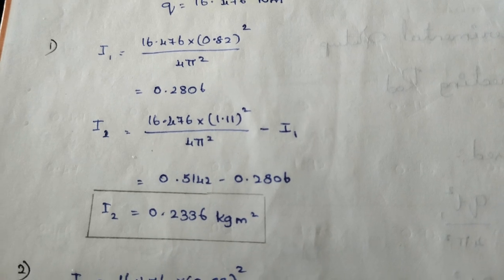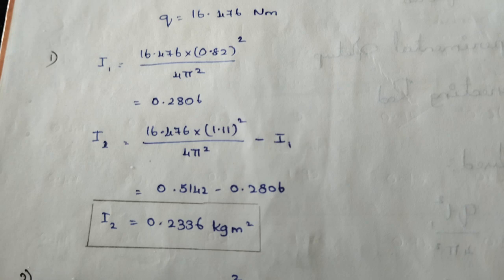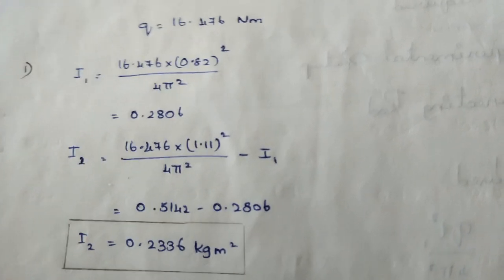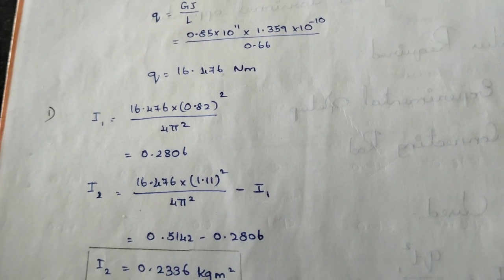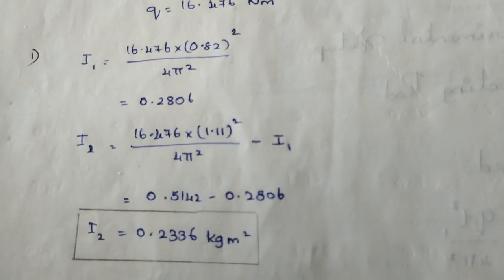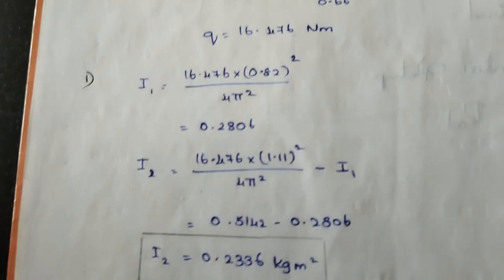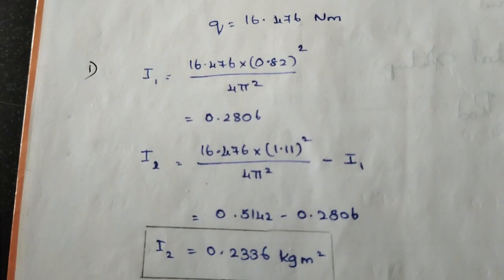Here the same values are used: Q is equal to 16.476 and T2, with the object, is 1.11 seconds. Finally we got the I2 value 0.2336 kilogram meter square. This procedure is done for all 3 trials.